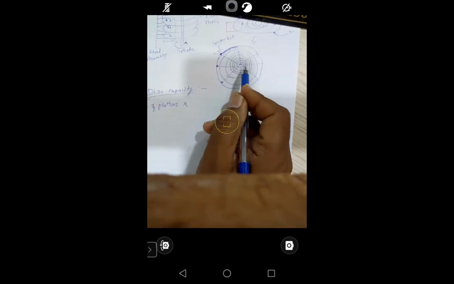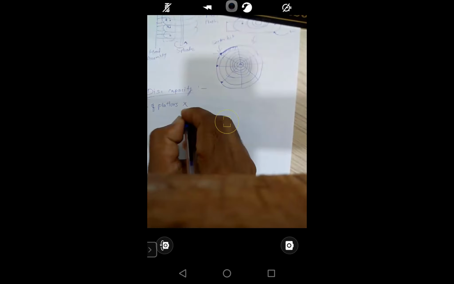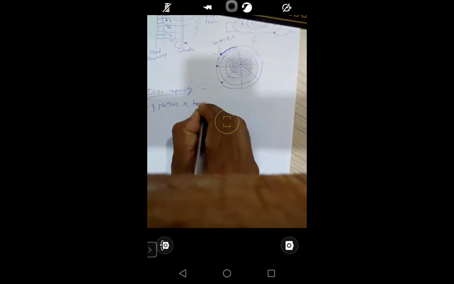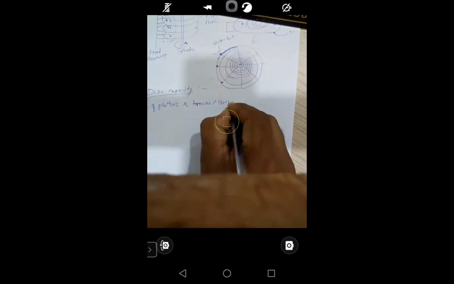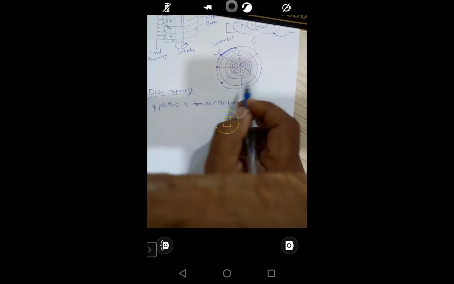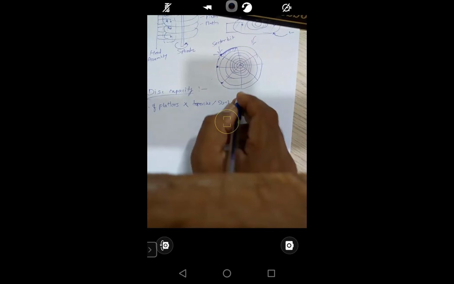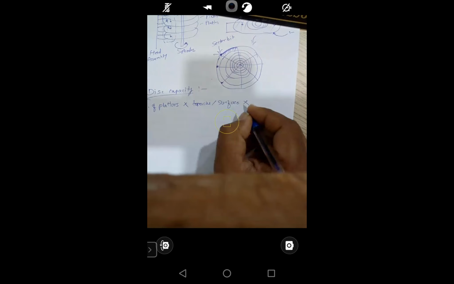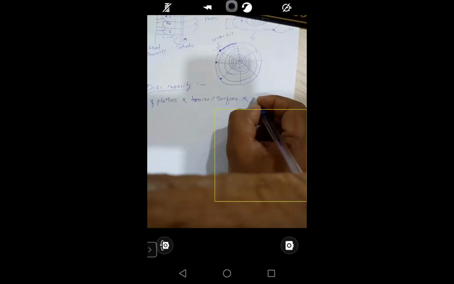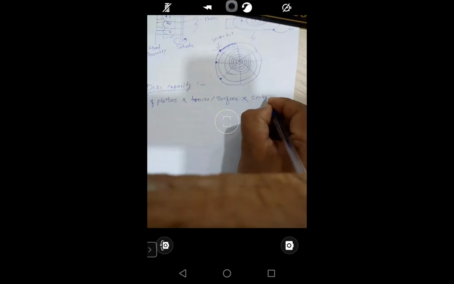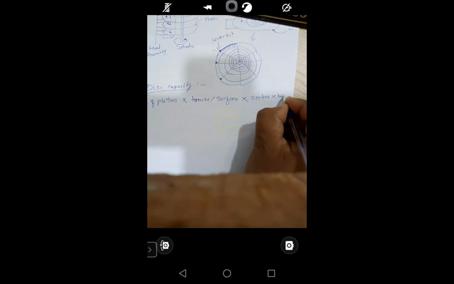So it is given as tracks per surface, because each platter has two surfaces. Okay, so number of platters into tracks per surface into sectors per track, right?